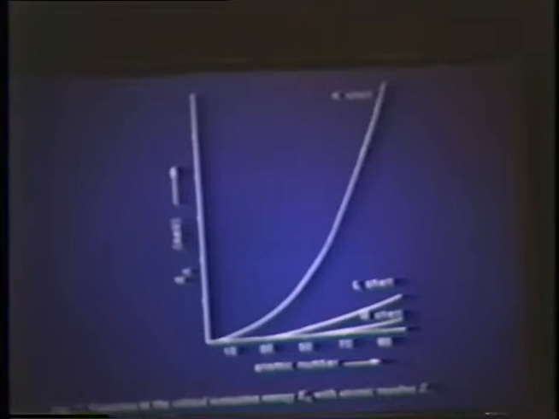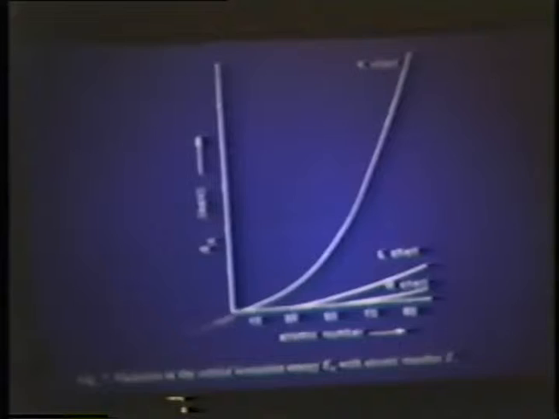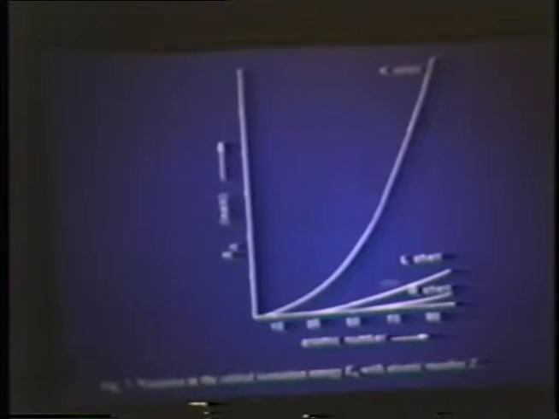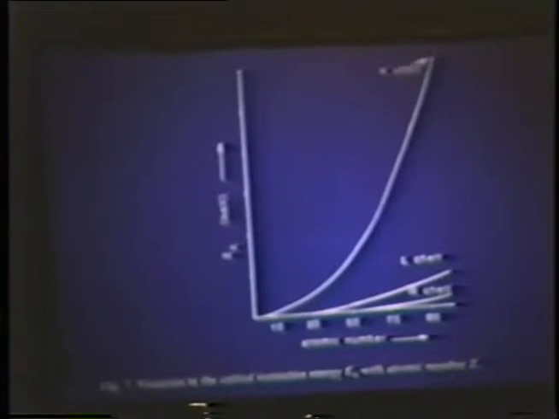The next slide. Now, this means that we have the K shell, the L shell, and the M shell. And we will see that as we go up in atomic number, you see the energies that are coming off, they're very low energy down here with light elements, say 10 to 20. As we go into higher orbitals, you see that you would need an immense amount of energy to get out a K electron of something like gold or uranium.